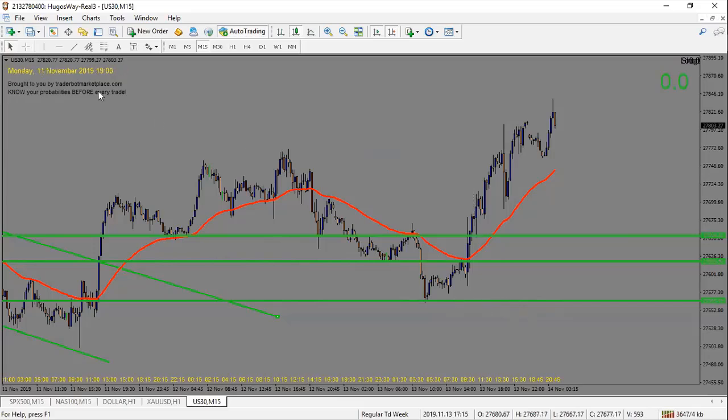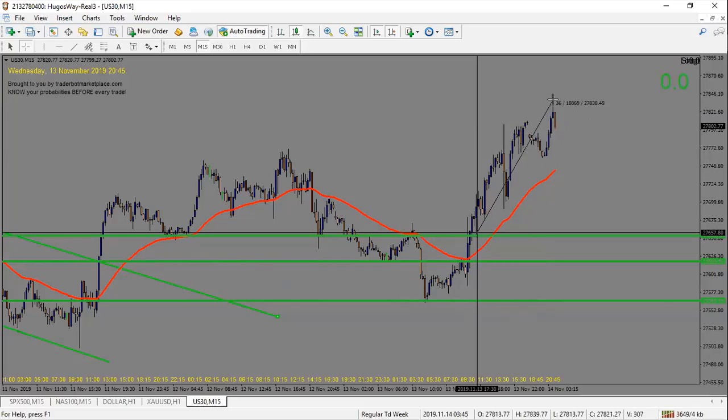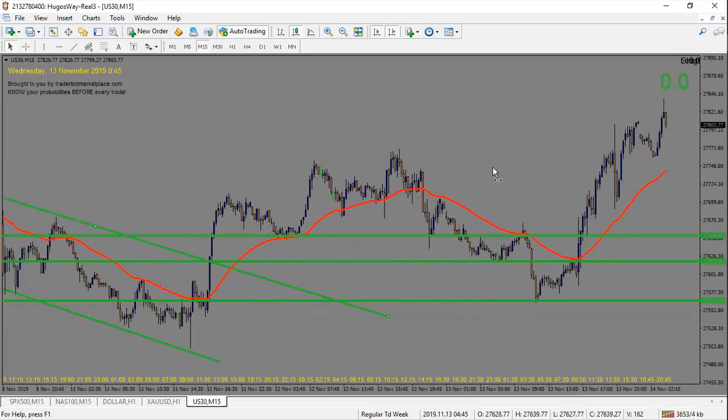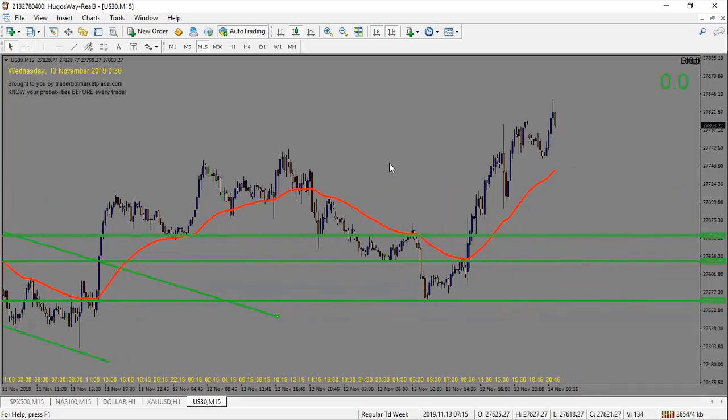Breakout retest right here, then a buy, 1,800 pips. So the reason why I say keep the EMA 50 on there is so you have an idea of whether or not you should be looking for buys or sells, right? And this goes for any other strategy you guys have.